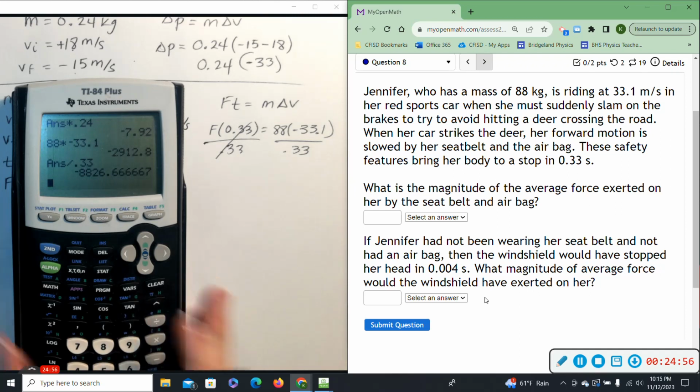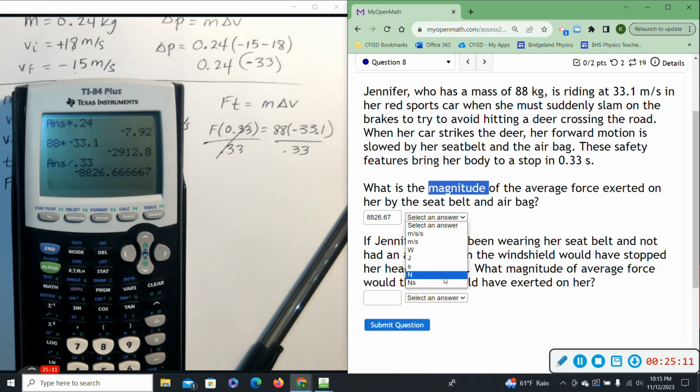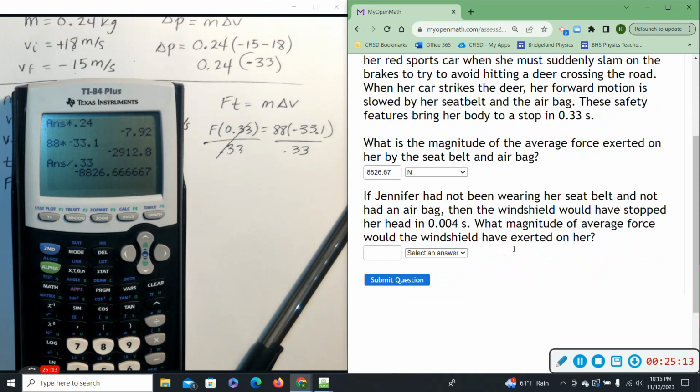And we get this. So the magnitude of the force, it only wants the magnitude, so I'm going to drop the negative sign and just type it in. 8826.6 repeating, so 0.67. Again, I dropped the negative because it says magnitude of the force. My units for force are, of course, newtons.